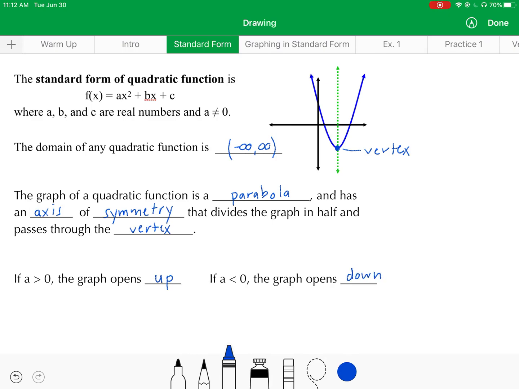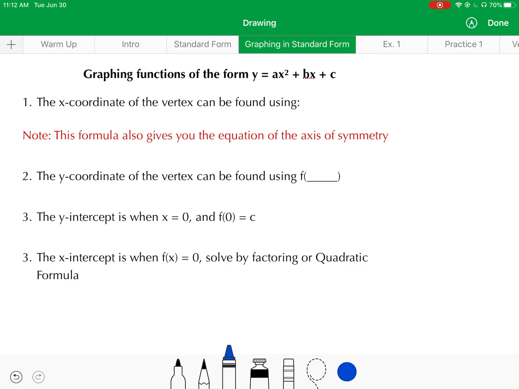In order to graph a function in standard form, you are going to locate some specific information. You're going to find the x-coordinate of the vertex of your parabola by using the formula x equals negative b over 2a.